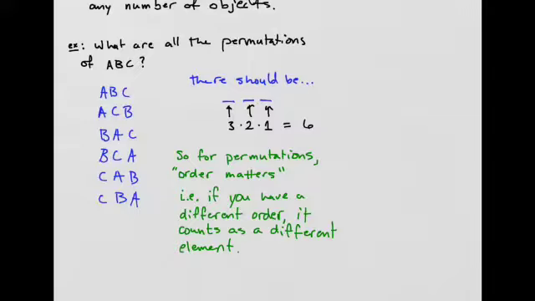So in that case, order doesn't matter, and if you change the order, it's still the same element. But when we consider permutations, like for license plates, if you switch the order of something, it's a completely different license plate. Or like phone numbers, if you switch the order of the numbers in a phone number, that's a completely different phone number. That's a permutation.